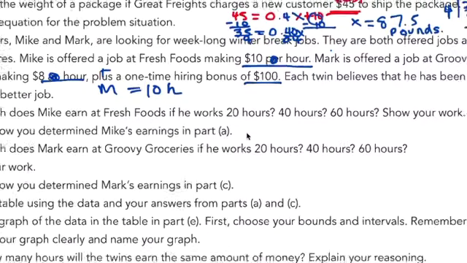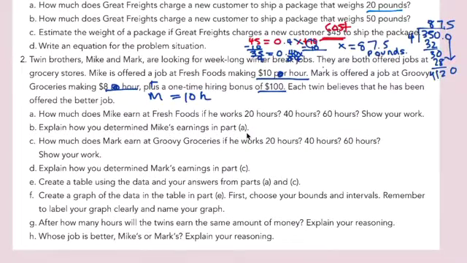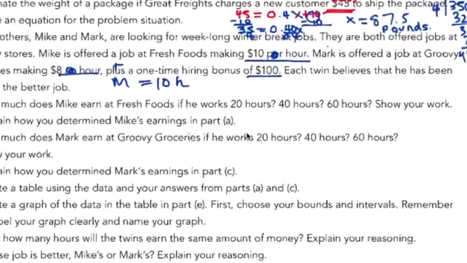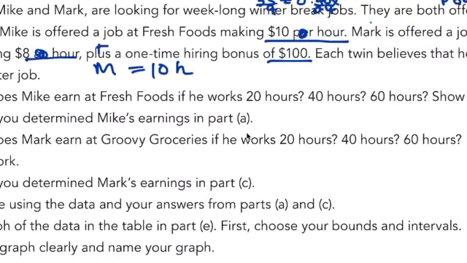So this is for Mark. Okay, Mike and Mark. Mark makes $8 an hour plus a bonus of $100. That's a constant. It stays the same.